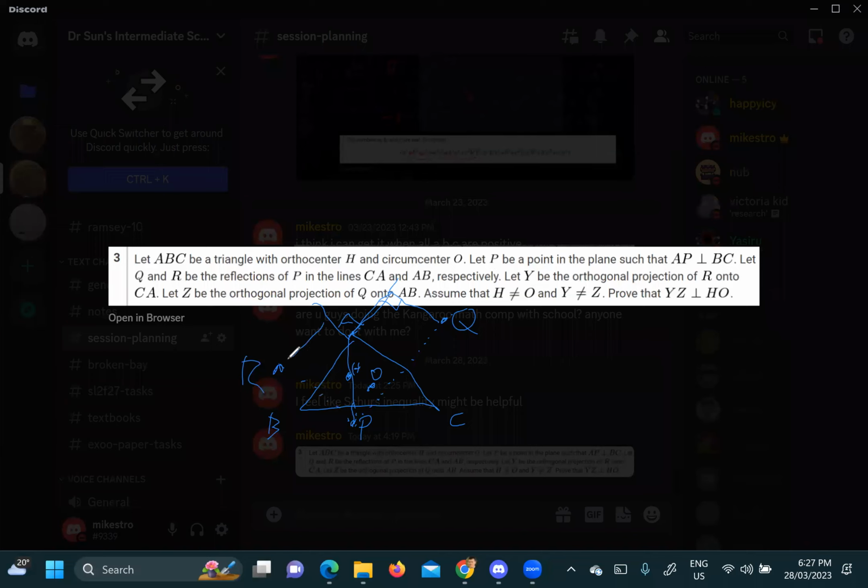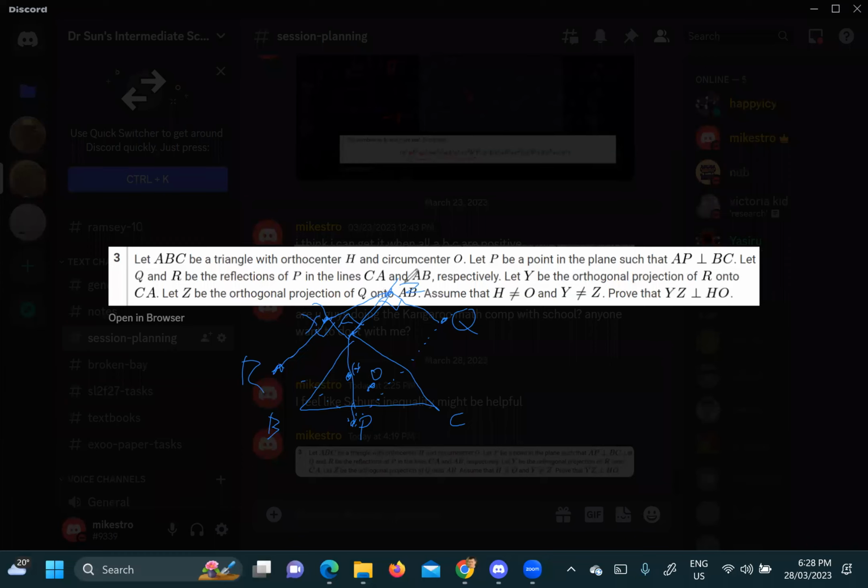Wait, do they make that the same? So you project these two on here. And now my diagram does not make this look true. Are they called X? Are they called different letters? They're called Y and Z. So Y is from R and Z is from Q.